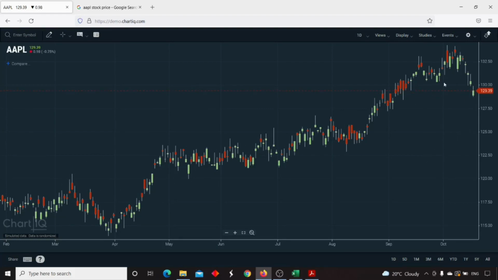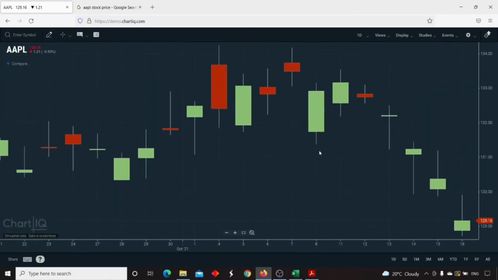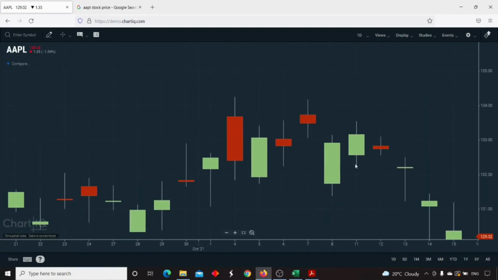So these candlesticks are formed based on how the traders trade. So if you can zoom in, see now here, if you observe, this is an example of a green candle or a bullish candle. So the price opened at 131.74.